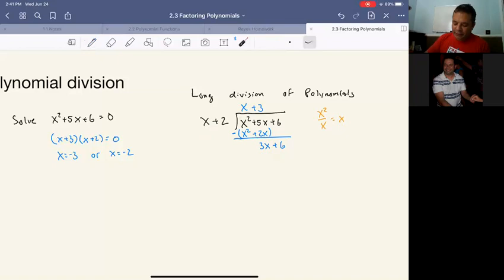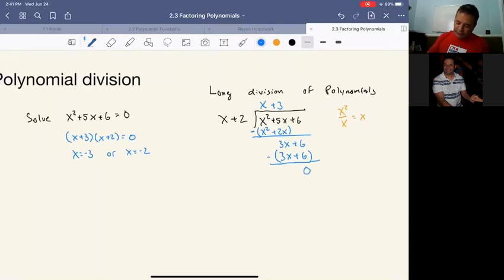Now we're going to multiply this 3 by this x plus 2, so 3x plus 6. Now we're going to put parentheses around it and subtract, and we get a remainder of 0. That's basically what long division is.